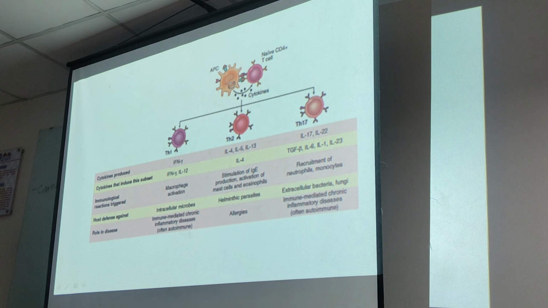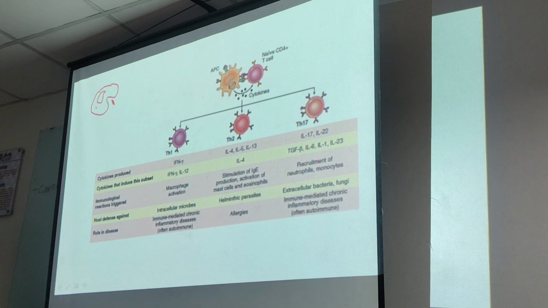For example, you have an antigen presenting cell. So this is a phagocyte. This phagocyte eats a pathogen. So once inside this antigen presenting cell, this pathogen will be degraded into smaller peptides.